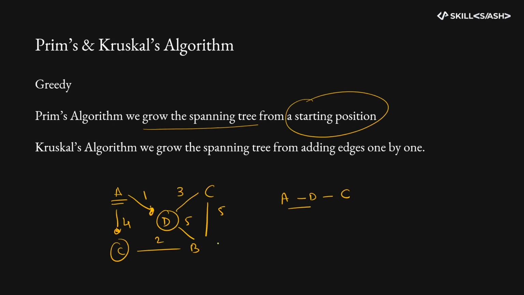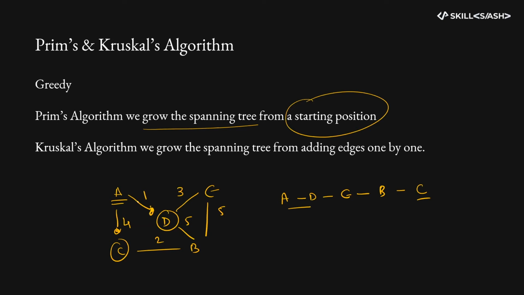Now from C to B you go with the minimum one. So in this way you're trying to cover with the least weights, the greedy approach kind of a thing. Then it's called Prim's algorithm.